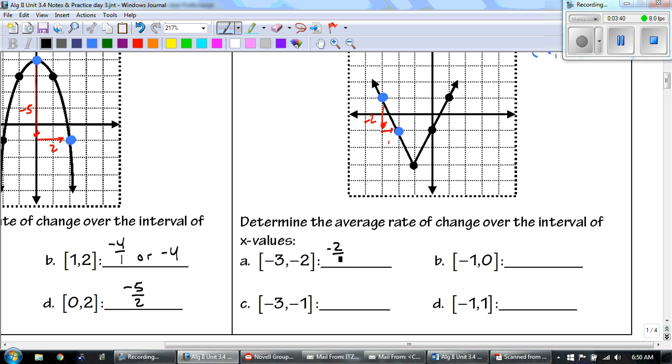So -2/1 or -2. Okay, when x is -1 and 0, our average rate of change, we go up 2 to the right 1. So from there, it's 2/1 or 2.